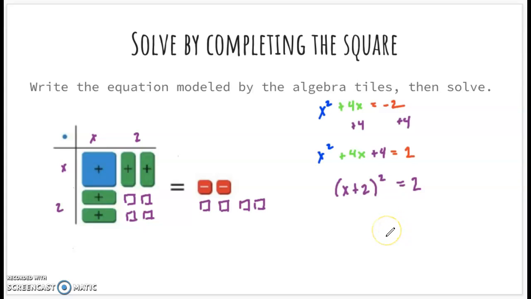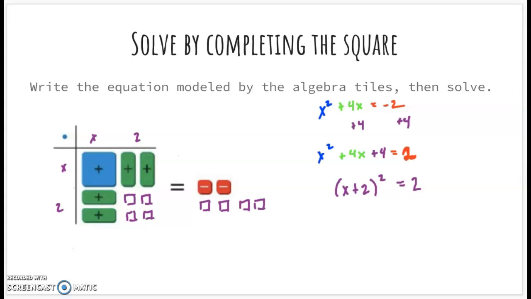So far we haven't really done anything new. We're looking at it using the algebra tiles, but we really just completed the square for that original problem. We added that magic number to both sides of our equal sign and simplified. I'm a little worried that that 2 looks kind of like a 1. This is a 2.